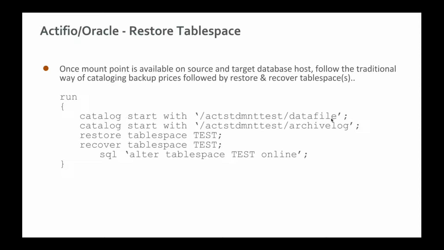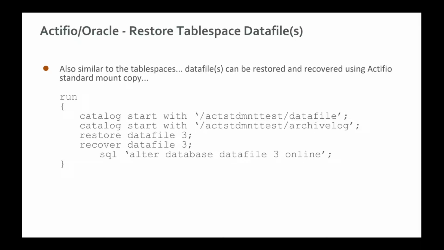Under that you have the data file backup copies, and then another cataloging with the archive backup copies. This is very much like a traditional restore tablespace and recover tablespace, how we do it using traditional backup copies on your disk. You can do exactly the same steps, and you can restore and recover your lost tablespaces back to the database.